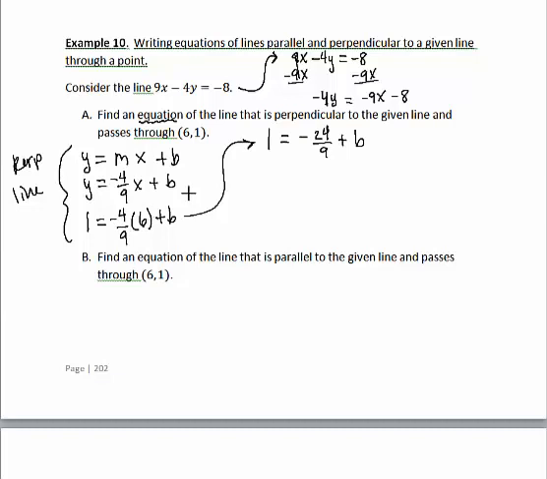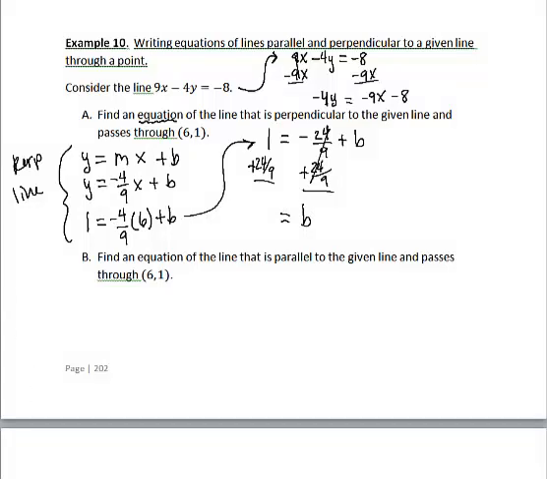Negative 4 over 9 times 6 is negative 24 over 9. To get b, I add 24 over 9 to both sides. This could easily be done with your calculator. And so what do we get?